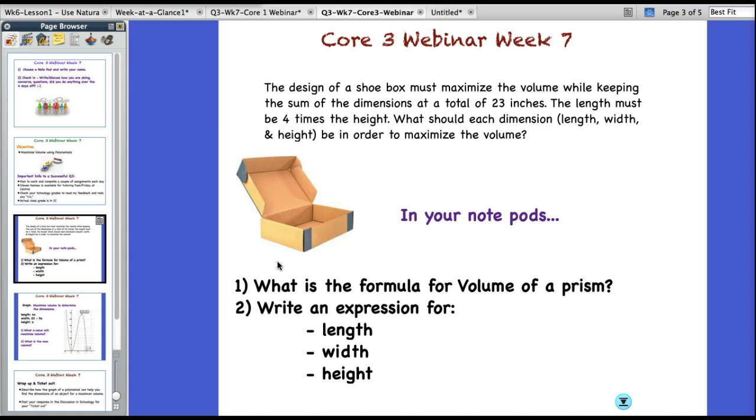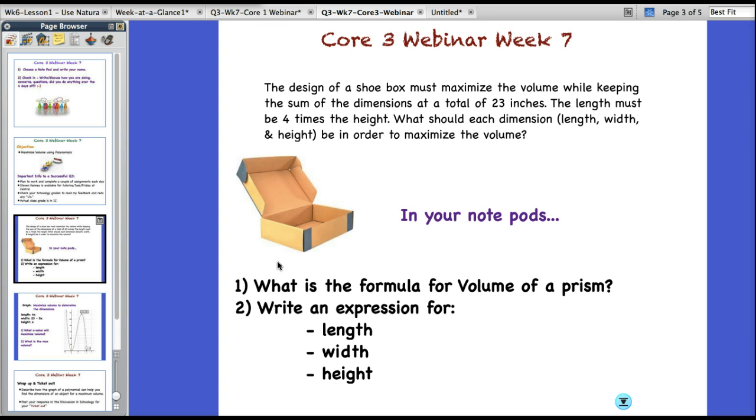So write that in your notepads. That's the first thing we need, the volume of a prism, because this is a prism and we're maximizing volume, so we need to know volume. If I'd given you one where it was a sphere, you would need to know how to calculate the volume of a sphere. Or if it was a cylinder, you would need to know how to calculate the volume of a cylinder.